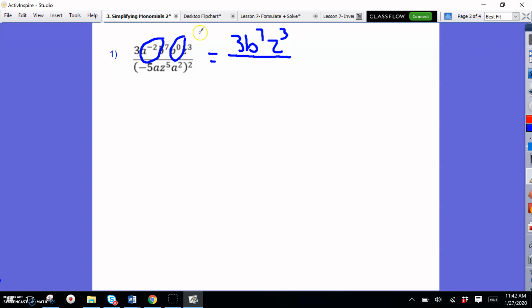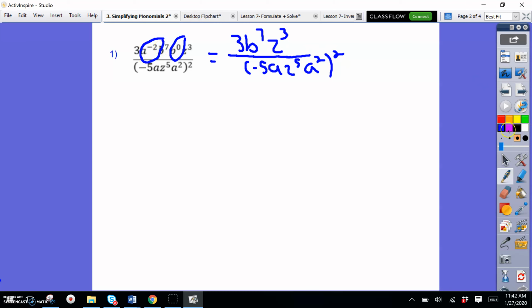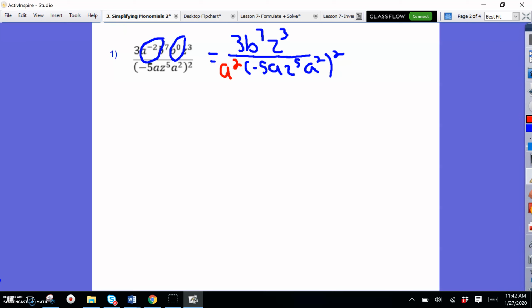And then now we're going to have -5a z to the 5th a squared. It's going to stay exactly where it is because, again, it doesn't have a negative exponent. Now, the a to the -2, we're going to change into a squared, but now it's going to be on the denominator. We're going to make it into this reciprocal, and that will undo that negative sign.